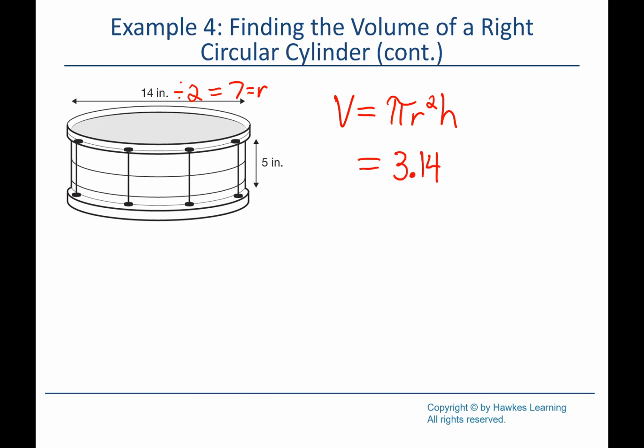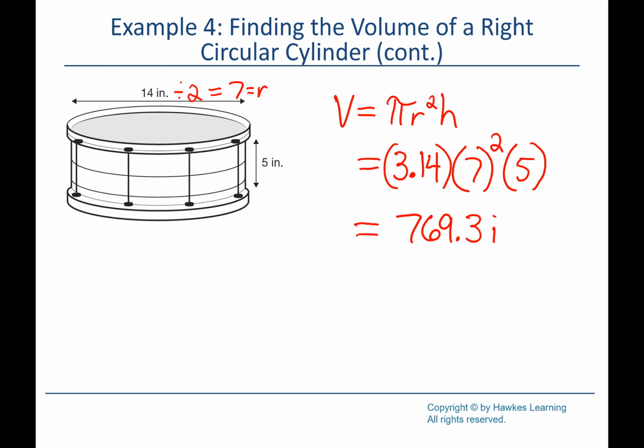If you use the pi button, your answer will be a little bit different than what we get here. So r is 7, so 7 squared, and then times 5. On this one, I get 769.3 inches in its volume, so we have cubic inches.